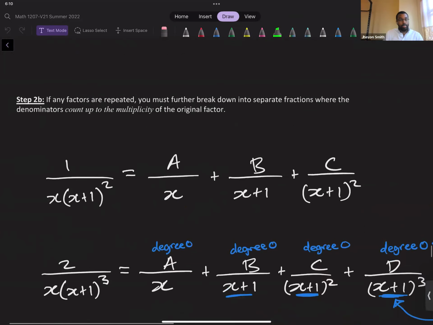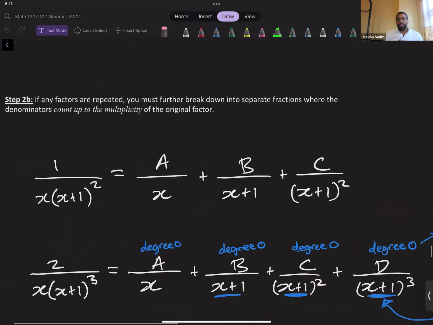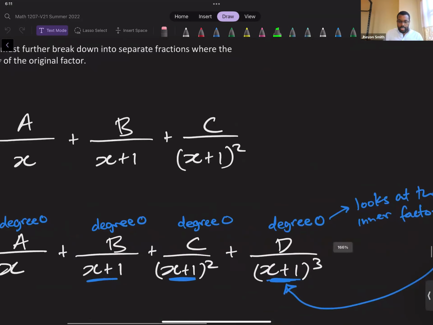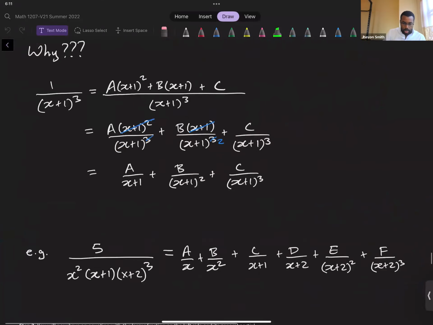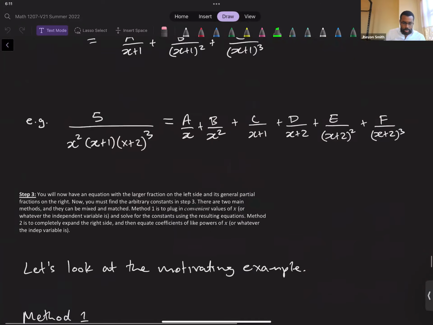If it were a cubic, again, you count up to that: x plus 1 to the first power, to the second power, to the third power. And the numerator still takes 1 degree less than the inner factor. Because the x plus 1 is linear, your numerator needs to be a constant. And we actually looked at why that was.